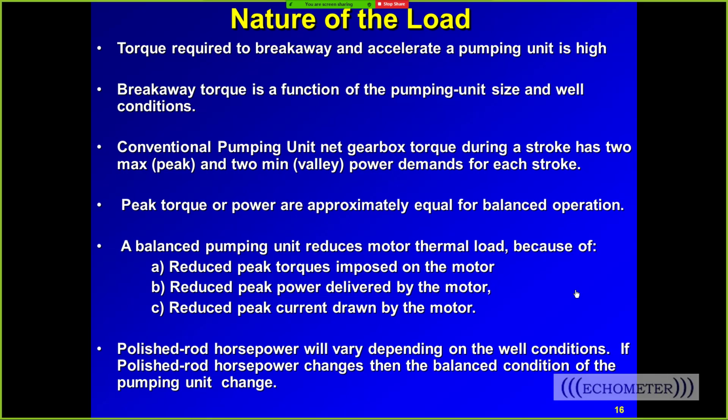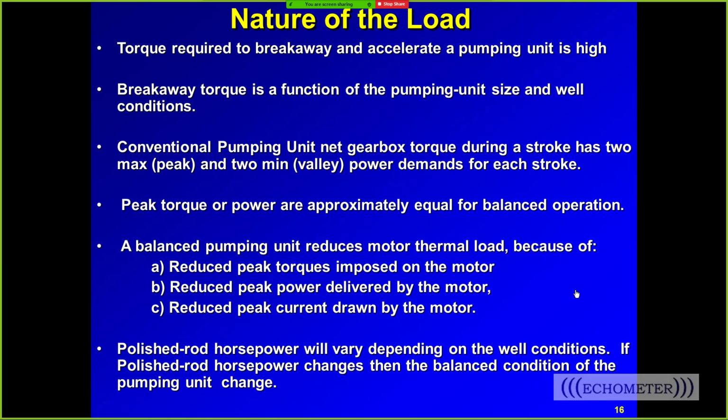Now, a motor has to provide power or torque when the unit is off to start the unit and accelerate the pump unit.